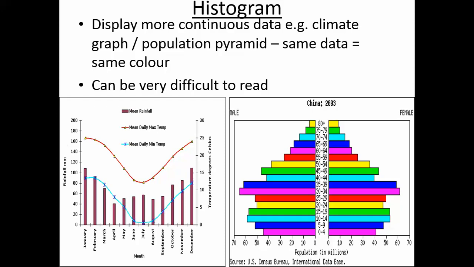The population pyramid in the bottom right hand corner is an example of a histogram. They can be very difficult to read unless you know what you're looking for. The graph on the left is a double axis graph, and you can see temperature patterns on the right hand side, and then rainfall patterns on the left hand side. But if you don't read that graph quite right, it becomes quite complicated.